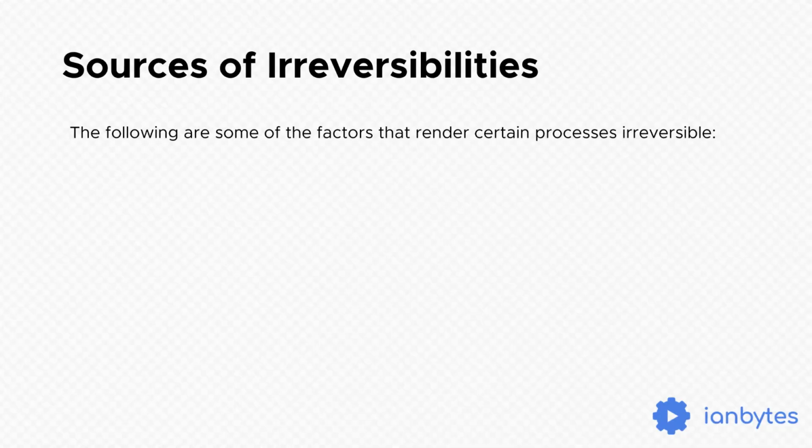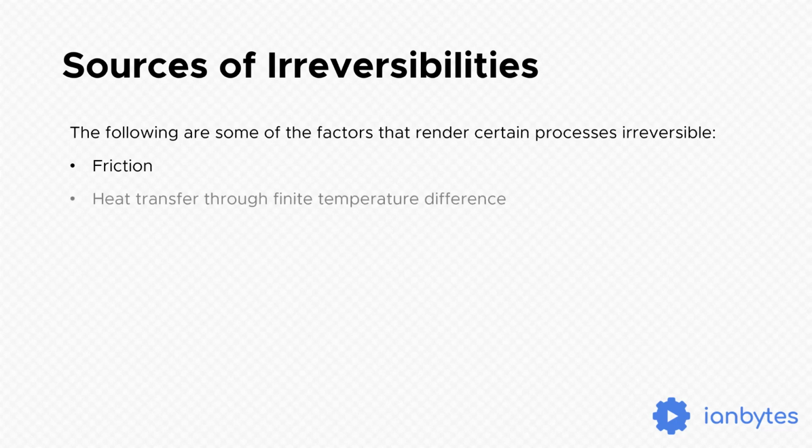Now, what are the different sources of irreversibility? Una, we have friction, which is basically caused by rubbing of two surfaces na merong degree of roughness. Also, ang heat transfer because of a finite temperature difference can also be a source of irreversibility. Tulad na lang nito ng mga halimbawa natin kanina kung saan meron tayong hot body left on a cooler environment. Also, any spontaneous chemical reactions such as spontaneous combustion is also a source of irreversibility.